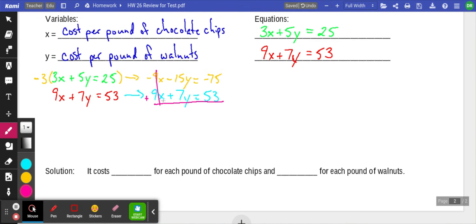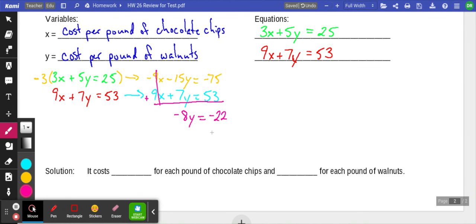So we add those. They do cancel away. -15 plus 7 is -8y. And -75 plus 53 is -22. You might get worried for a second, realizing -8 doesn't go into 22, and that's okay.